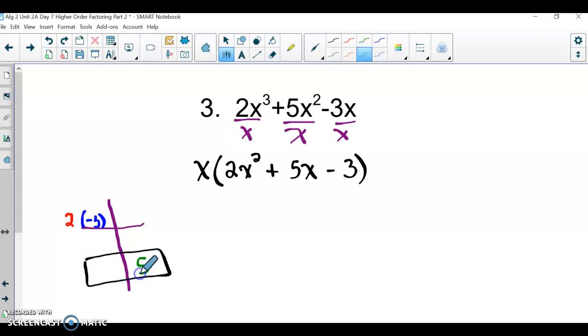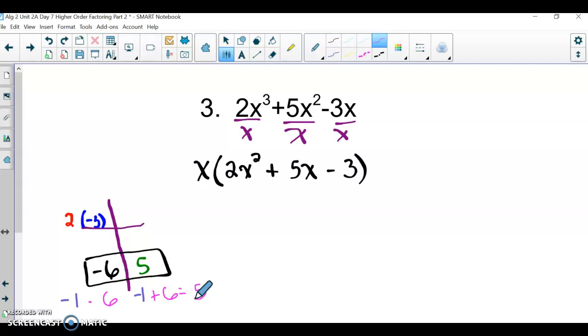So B is 5. If I multiply those two together, we get negative 6. So the factors that we use now, we can use 1 and 6. Because 1 times 6, one of them has to be negative, which is the one that's negative, negative 1. Because if I add negative 1 plus 6, that equals positive 5.